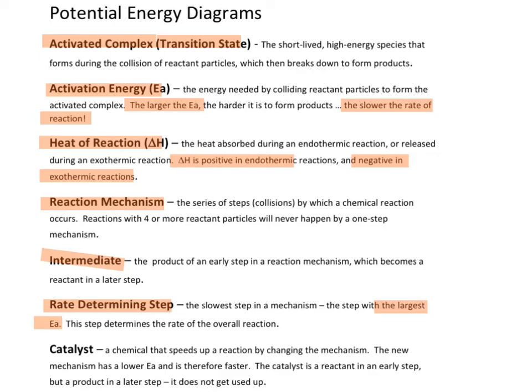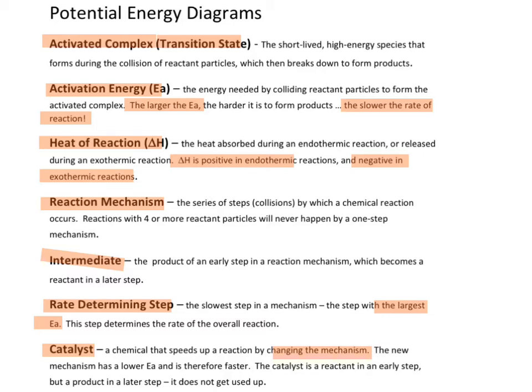Finally, a catalyst can be added to a reaction to speed up the reaction. It does so by changing the reaction's mechanism. The catalyst provides a new series of steps, a new set of collisions, and in this new mechanism, the activation energy is lower than the original uncatalyzed reaction. Therefore, it's a faster process.